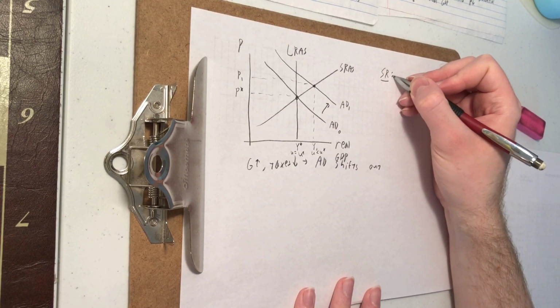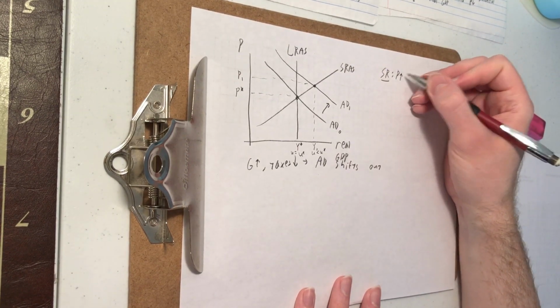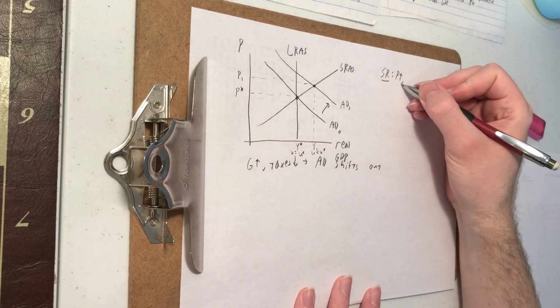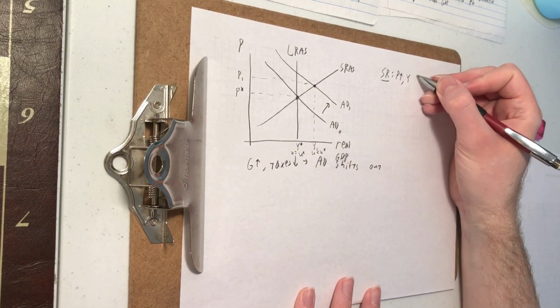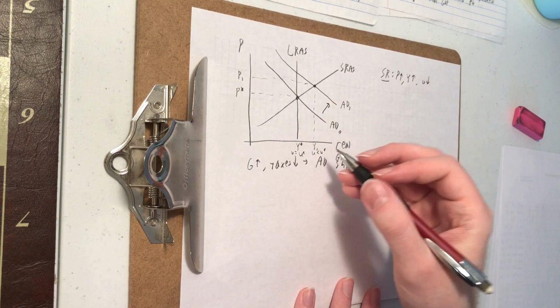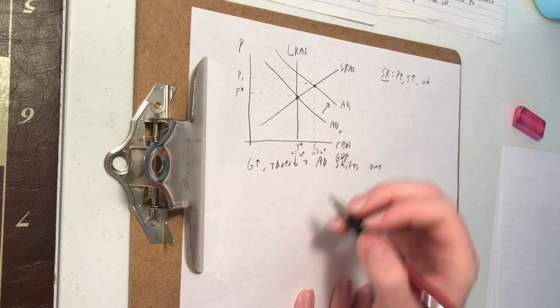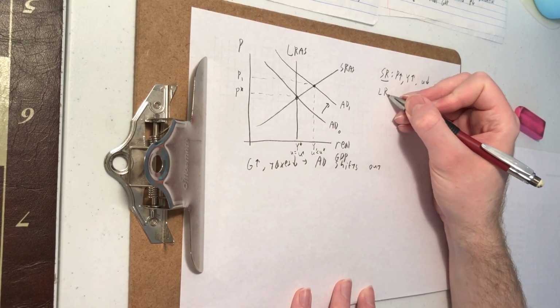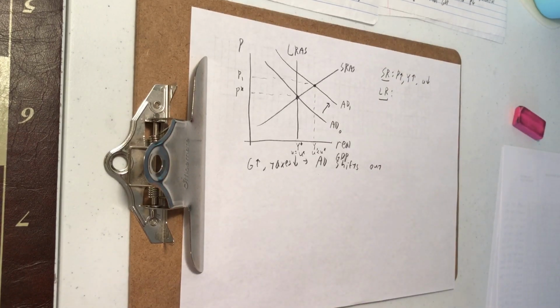So our short run effects are we have higher prices, P1 is above P star, higher real GDP, and lower unemployment. U was originally at U star, now it's below U star. So that's the short run.